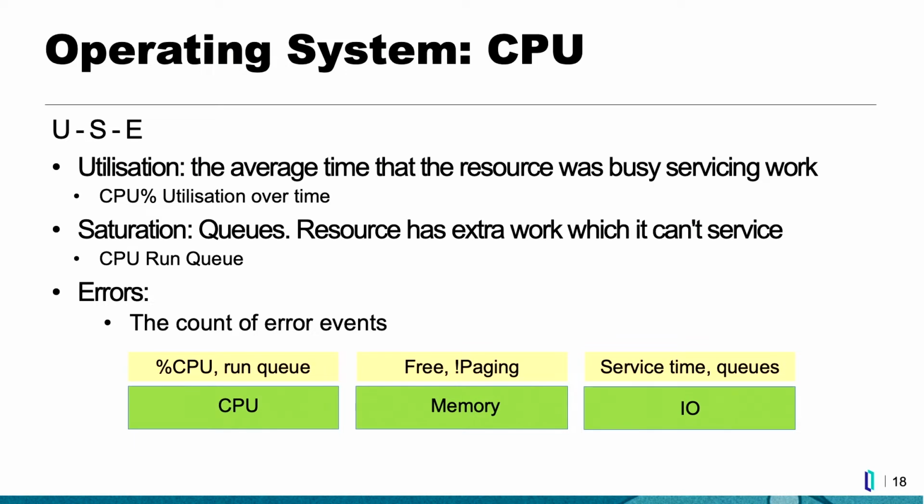So queue in CPU would be your run queue, the r column in Linux, and in Windows it's, I forget what it's called. I'm using Linux in all the examples, but pretty much everything applies to Windows as well. And errors is just, if you're getting errors, then things are probably going to be running slowly as well.